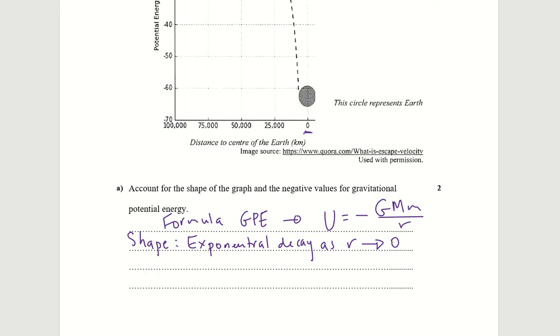So what that means is the closer to 0 we get for this r value here, U becomes more negative.